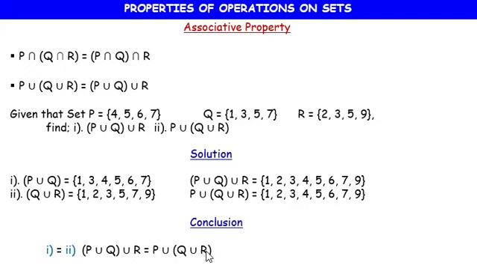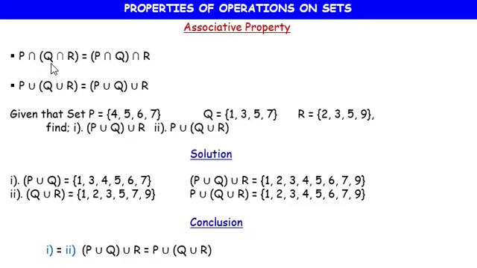Now, this is what we mean by the associative property. The associative property basically tells us that irrespective of how we combine any two sets, we are going to arrive at the same answer. We are going to arrive at the same result, right?